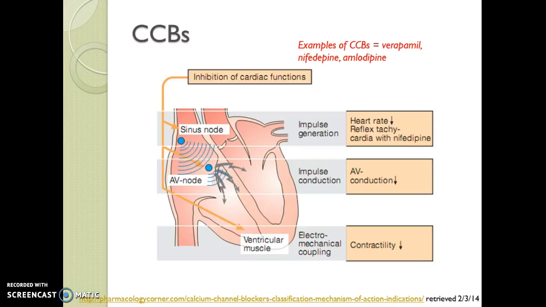So that hits actually a couple parts of the blood pressure equation in terms of reducing heart rate, as well as reducing that force of contraction, or even though there might be the same amount of volume, the stroke volume and the pressure pushed out there is reduced by all of this.